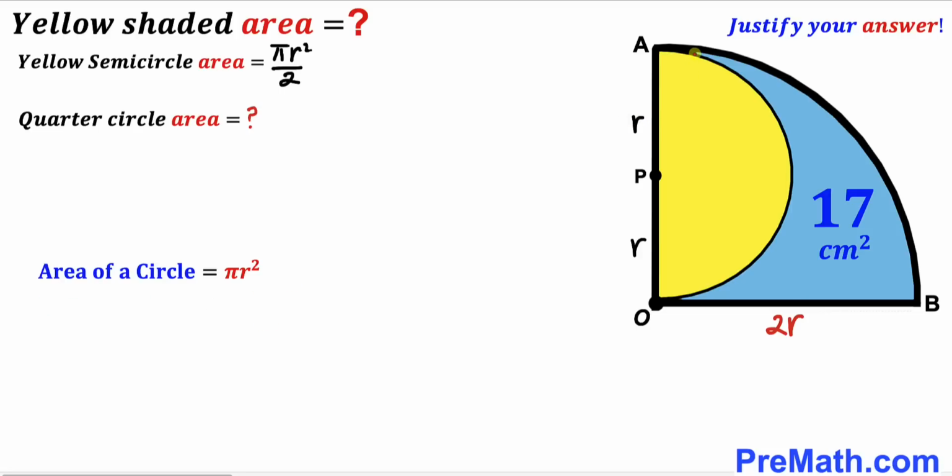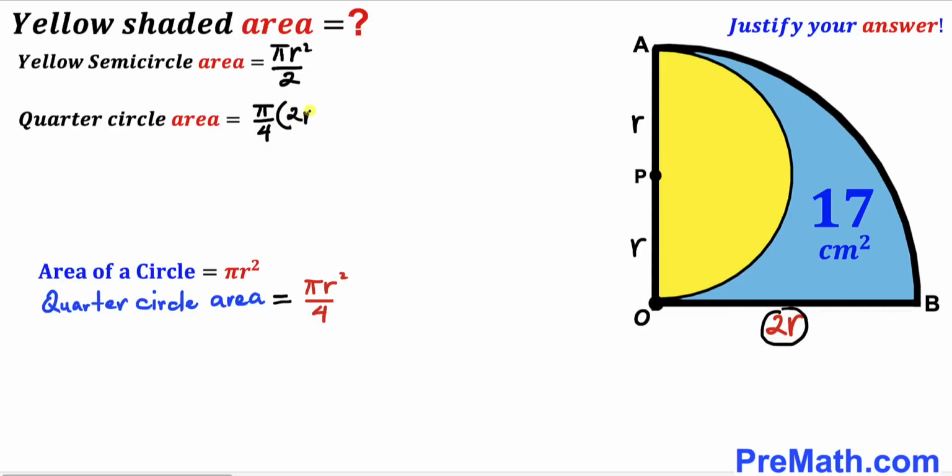And now we are going to focus on this whole quarter circle, and we are going to use the very same area of a circle formula as well. Since we are dealing with the quarter circle, the quarter circle area is going to be pi r squared divided this time by 4. So the quarter circle area is pi divided by 4 times the radius of this quarter circle, which is 2r, so 2r whole squared.